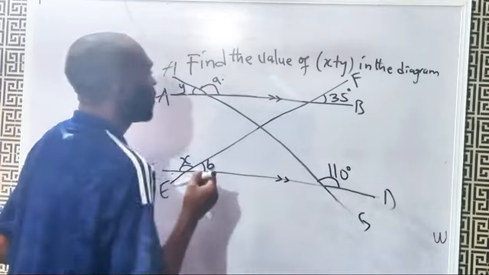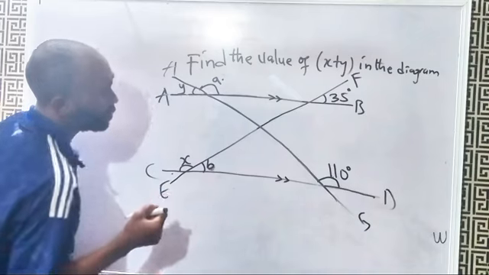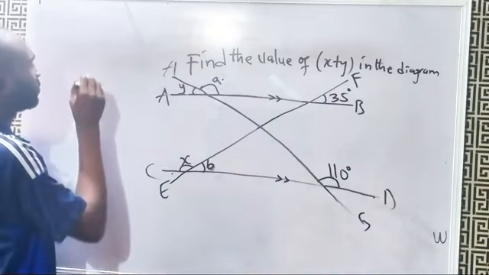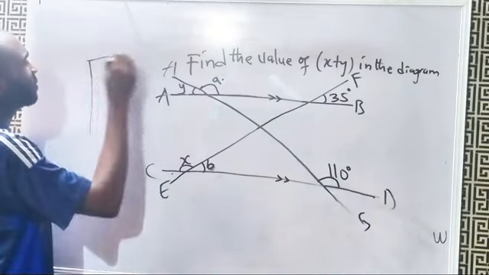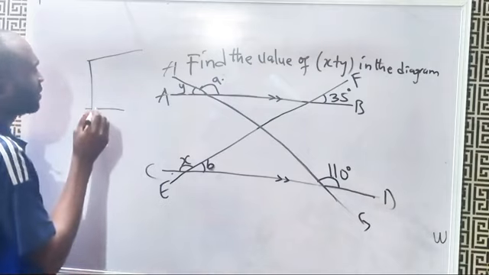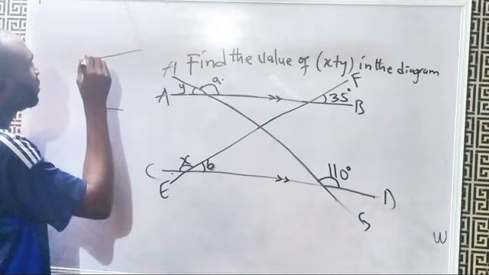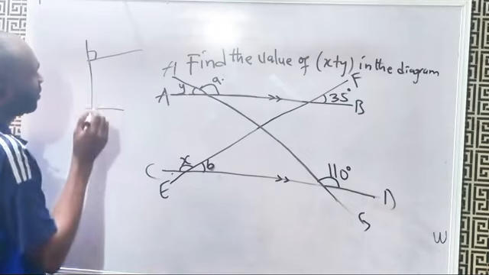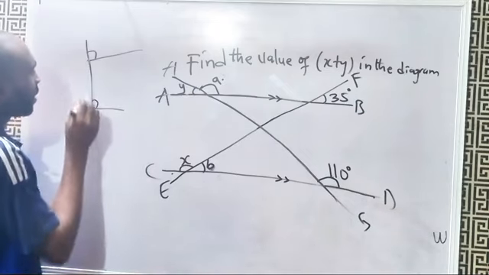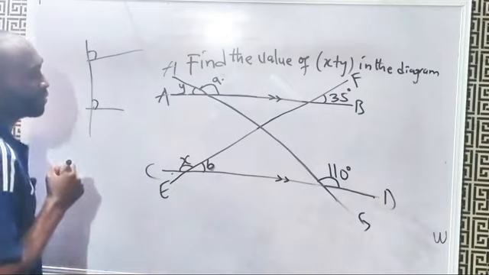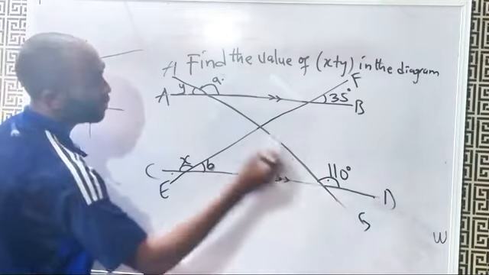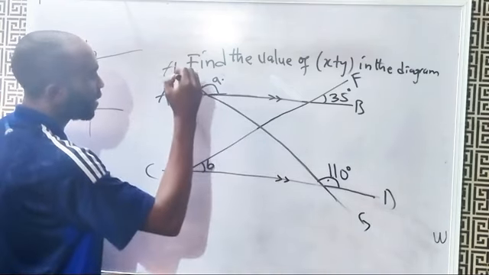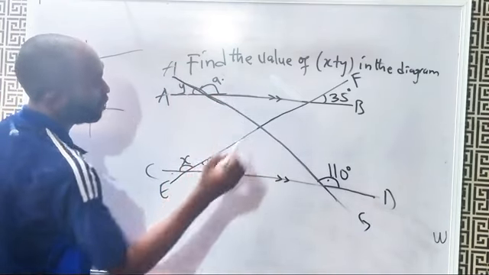So when you have this kind of question, if there is an angle here, this angle and this one are corresponding. If you look at it here, this angle has formed a kind of F, so it's corresponding.